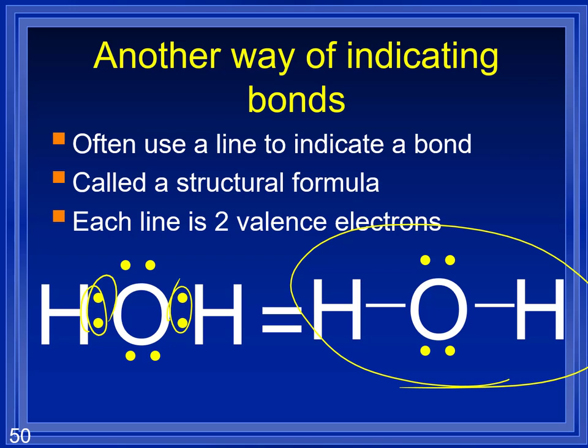So if I look at this water molecule, the hydrogen has 2 electrons next to it because that bond is 2 electrons. The other hydrogen has 2 electrons next to it because that bond is 2 electrons. And the oxygen has 8. 1 pair, 2 pair, 3 pair, 4 pair. Okay.